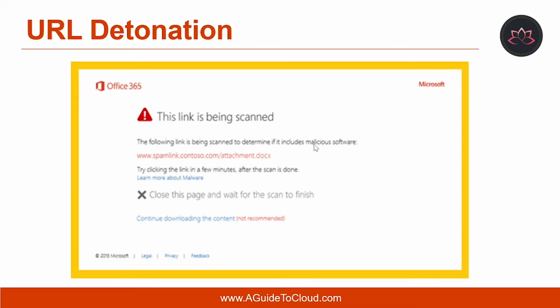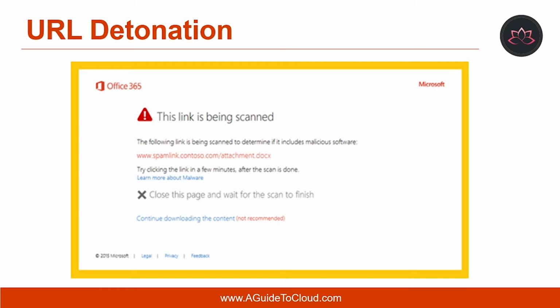What is URL detonation? URL detonation is a capability that combines elements of safe links and safe attachments into a single feature to protect users in the event a link points to a malicious file on a web server. When a user clicks a link to a file on the web server, the file is downloaded into the Safe Attachments sandbox environment and detonated.